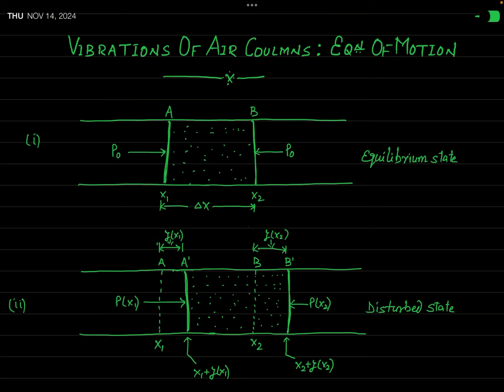And here, as a continuous system, we are going to take an air column. So, today we are going to start to deal with the problem of finding normal modes of vibration of air columns, or you can say gas columns.